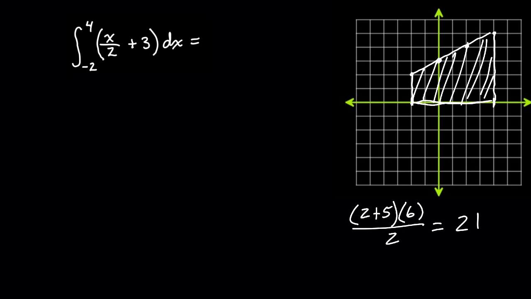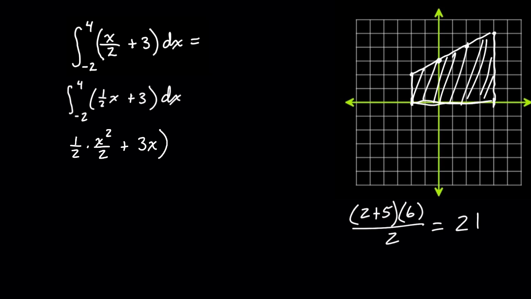And so this would be equal to the integral from -2 to 4. And this is the same thing as saying 1/2 x plus 3 dx. Now, if you take the integral of the first term, that would be the same thing as saying 1/2 times x squared over 2 plus the integral of the second term, which is 3x.